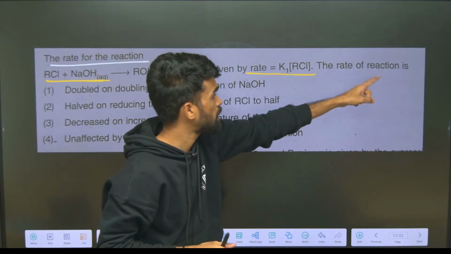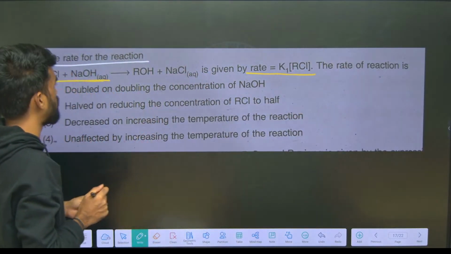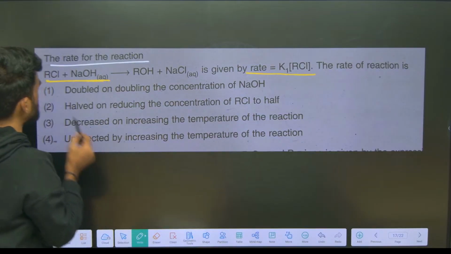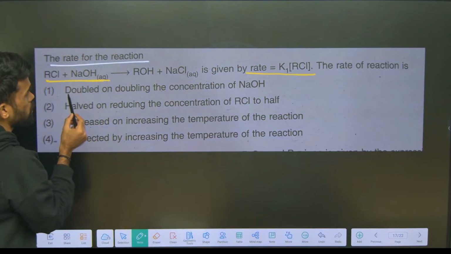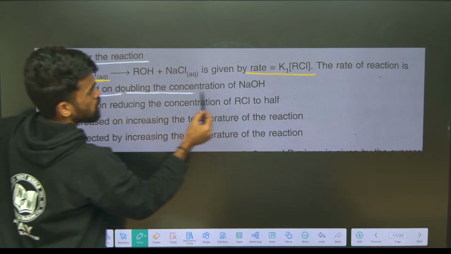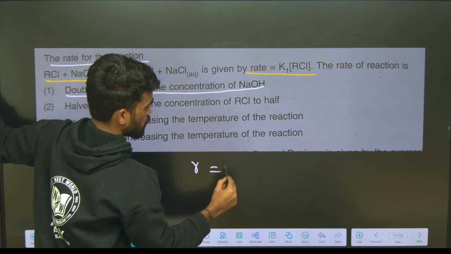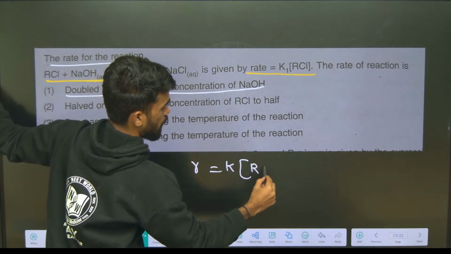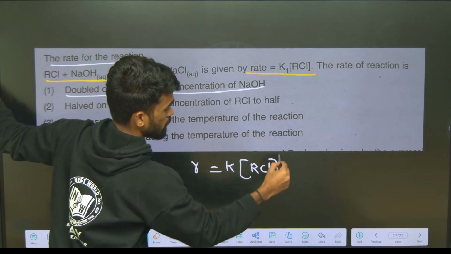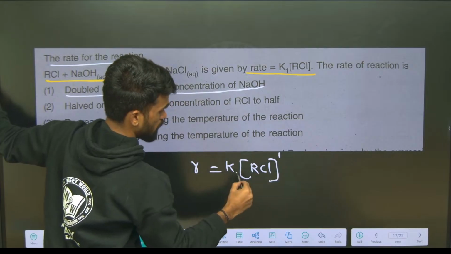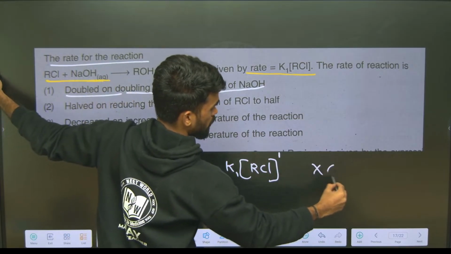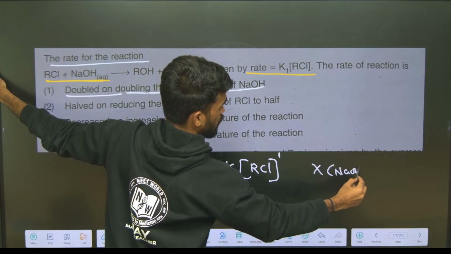Then what happens to the rate of reaction? See what they are saying in statement 1: the rate of reaction doubles on doubling the concentration of NaOH. See, the rate is directly dependent on the concentration of alkyl chloride only. There is no concentration of NaOH term in the rate law expression.